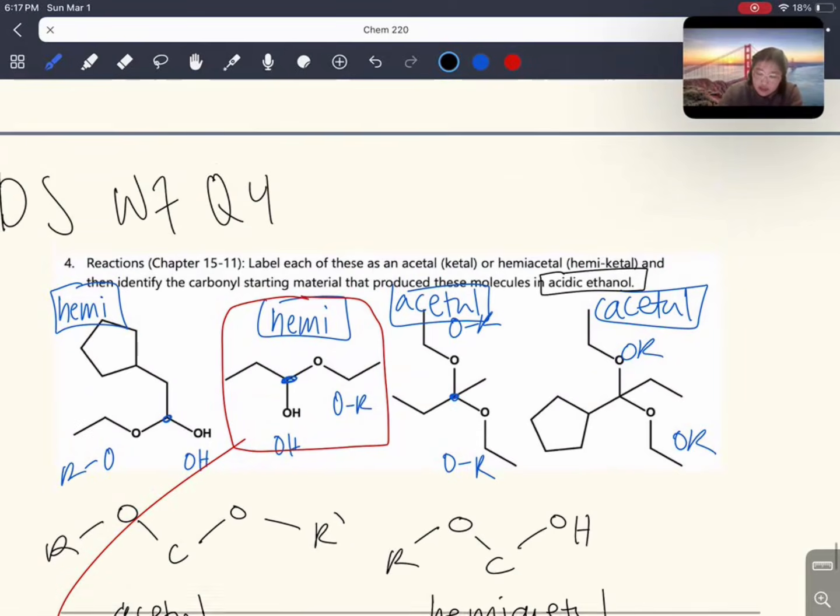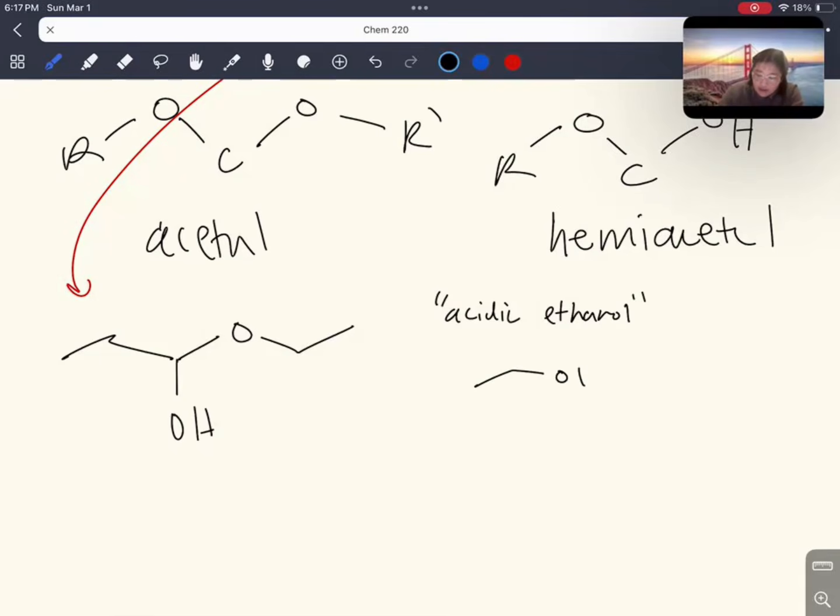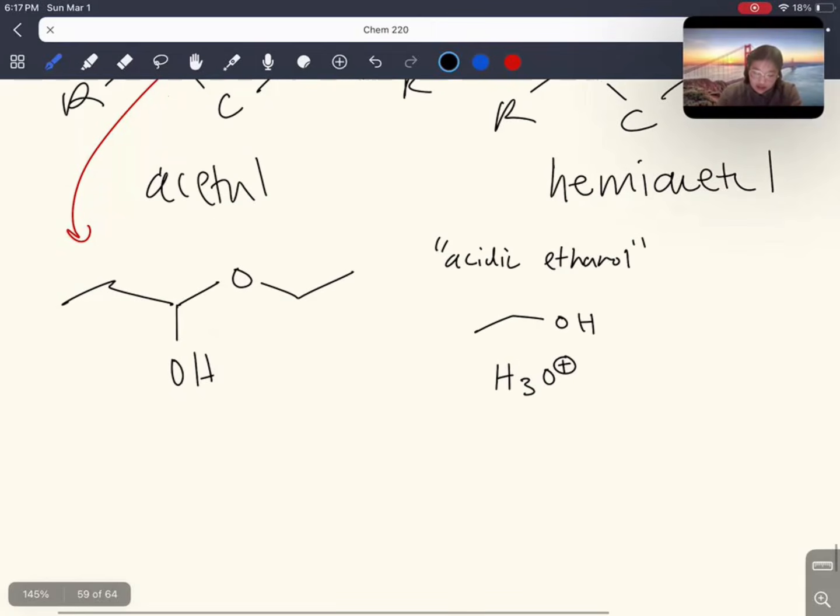Acidic ethanol basically means that you have ethanol and also H3O plus, so some sort of acid catalyst. First I'm just going to tell you what the starting product is for this one. In this case, it was propanol.